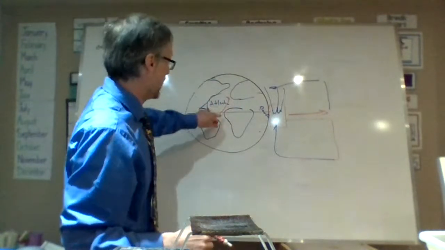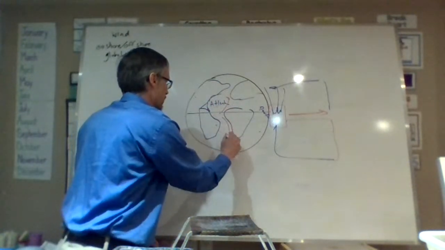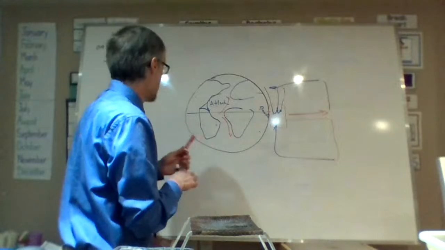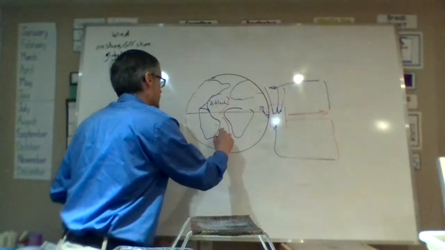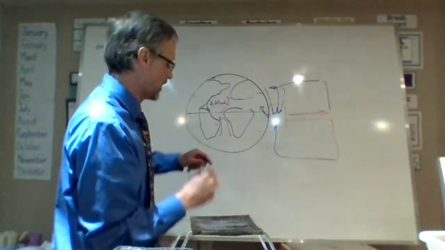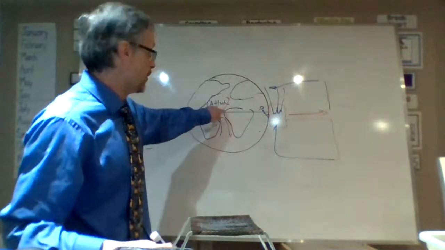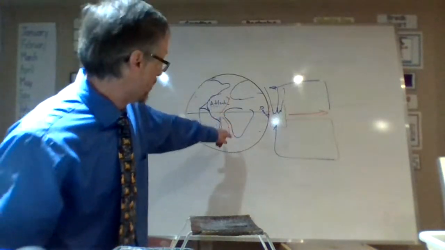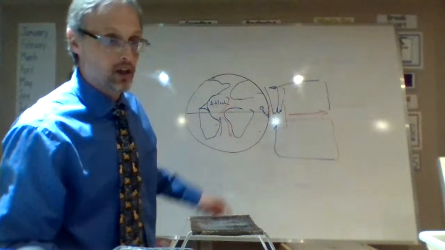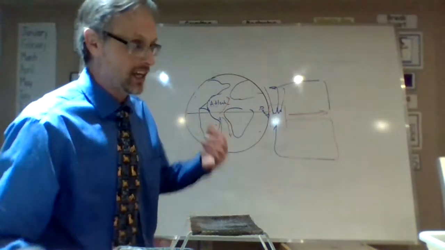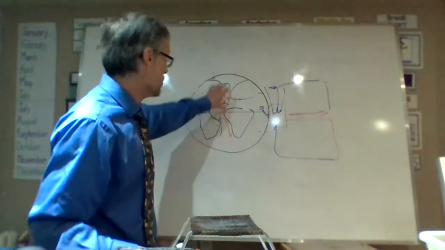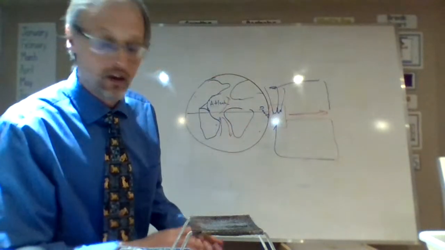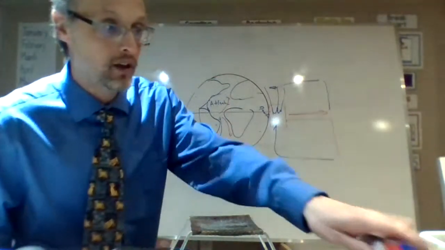I'm going to do it over here too. You've got continents in the way that's causing all kinds of motions around there. Does anybody know what those lines are called? What are those lines called in the ocean where water is moving, taking heat from hot areas and moving them to cold areas? What are those lines called?